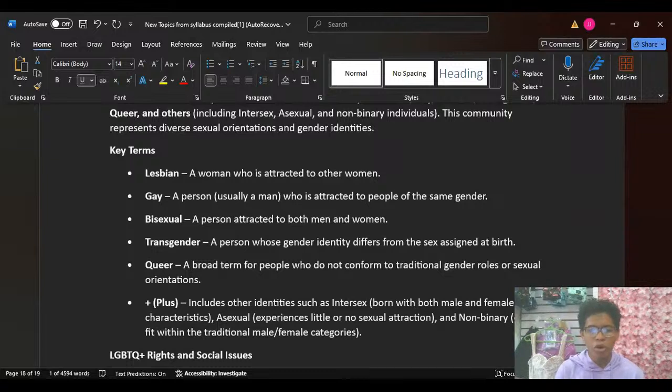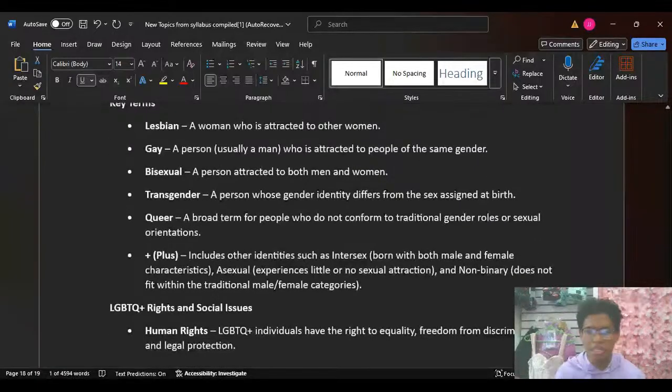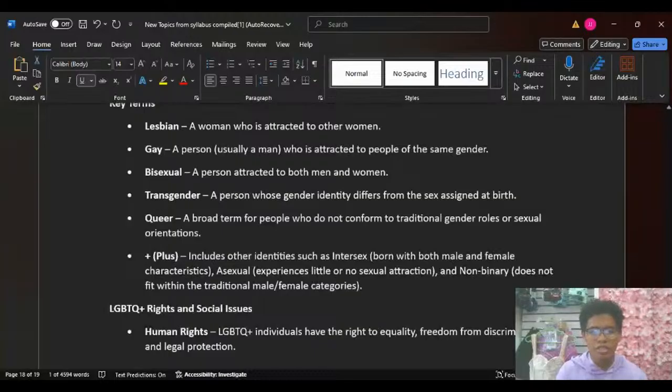Queer, a broad term for people who do not conform to traditional gender roles or sexual orientation. This means that they could probably refer to themselves as a cat, or say I'm a furry, people like that. Plus indicates other identities such as intersex, characteristics, asexual, experiences little or no sexual attraction, meaning that they are non-sexual. And non-binary does not fit within the traditional male-female categories, meaning that they do not conform to either gender stereotypes.